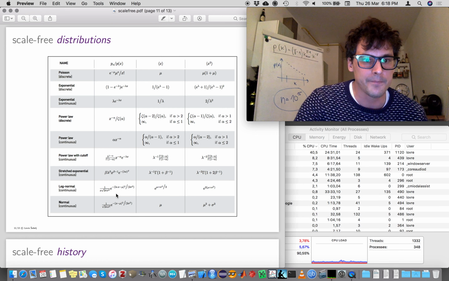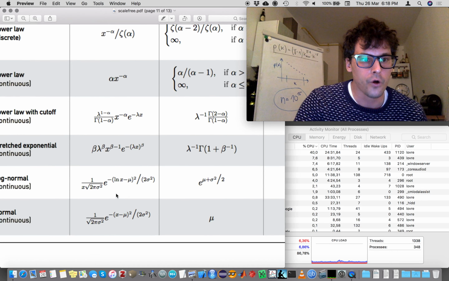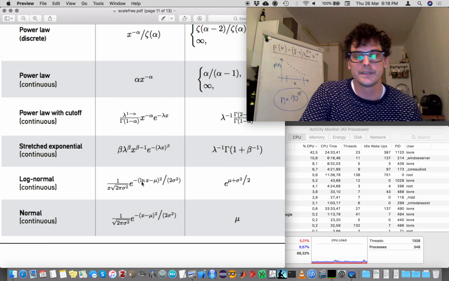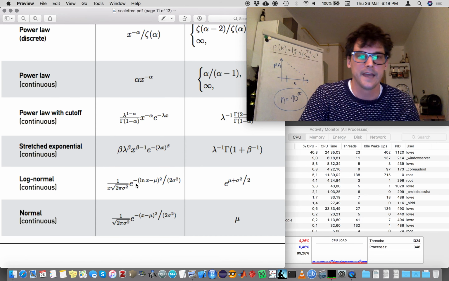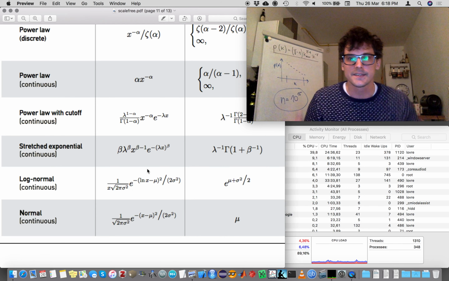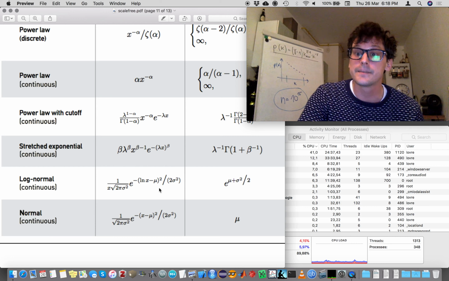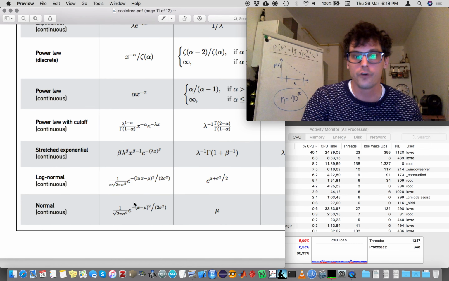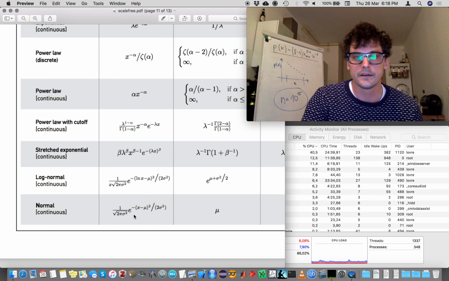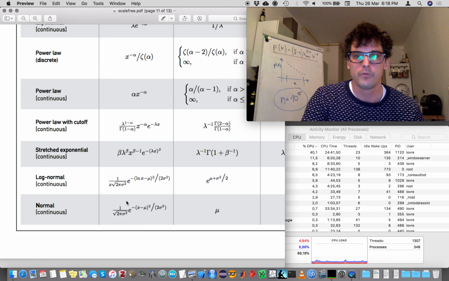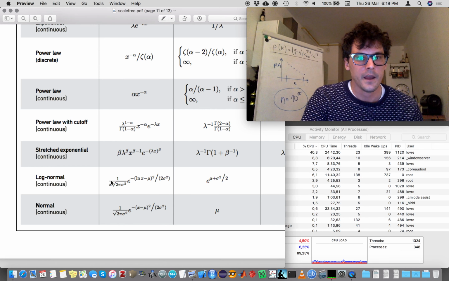One such example would be the log-normal distribution, which looks like a normal distribution, but instead of parameter x, you take the logarithm of x. And then this exponential function and this logarithm roughly cancel out. So what you will get is a polynomial scaling in x, in contrast to the classical normal distribution, where the scaling will be exponential.